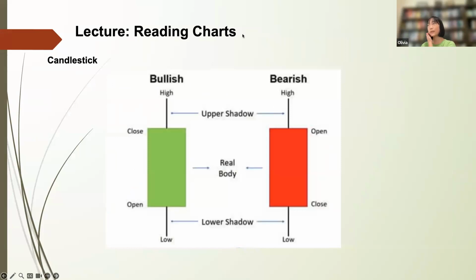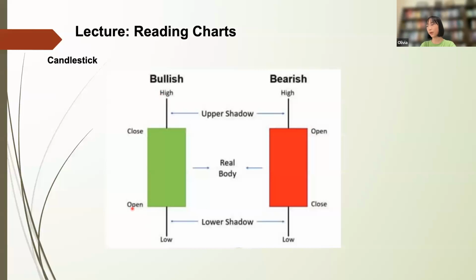I'll just repeat this really quick in case some people didn't hear me that well. This can be a review. So here's a bullish candlestick, which means over that time period, the market went up. This is the lowest price for that time period. This is the highest price for the time period.